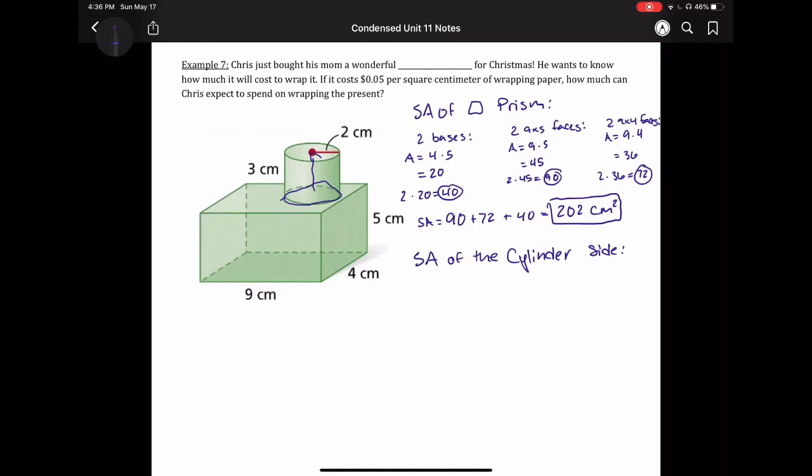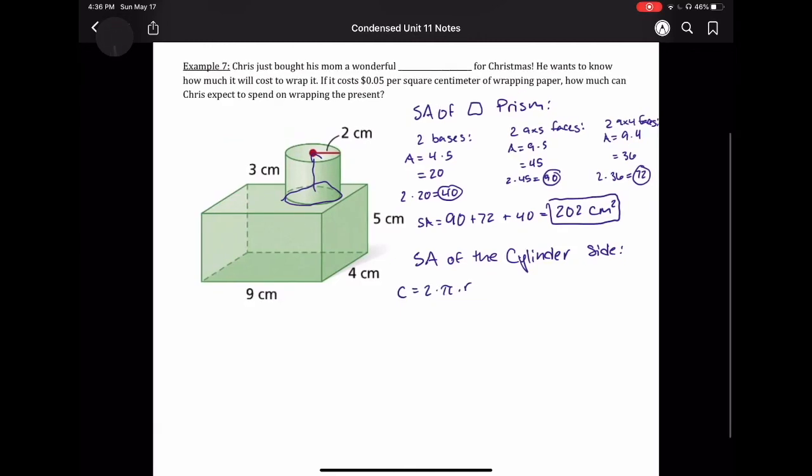So we're going to go ahead and find circumference, which is equal to 2 times pi times r. It tells me the radius is 2, so that means I'm working with 2 times 2, which is 4, so I have 4 pi. Now I'm going to take that and plug it into my area formula.